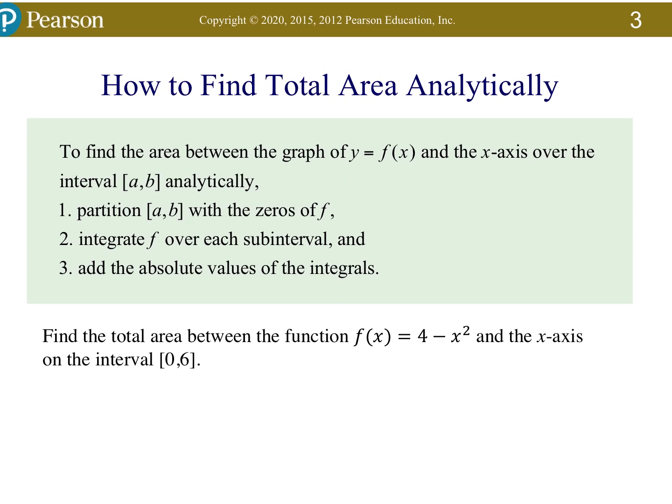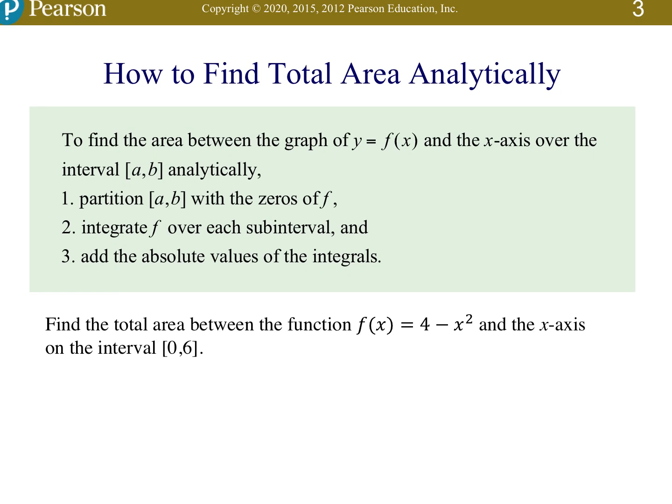We also can use antiderivatives to find total area as opposed to net area. Total area is just always making sure you include an absolute value. The absolute value has to go inside the integral. Occasionally I will see someone set theirs up, if they're going 0 to 6, of 4 minus x squared dx, that's a parabola.